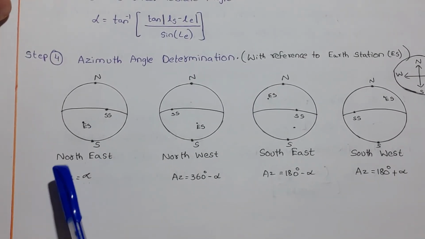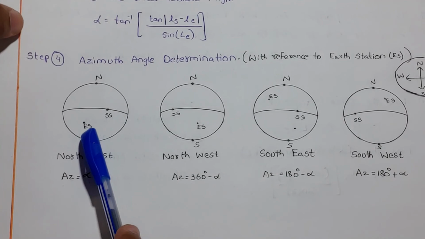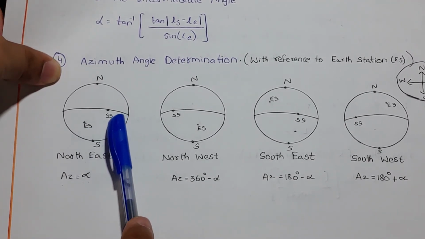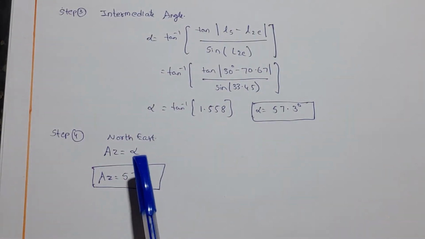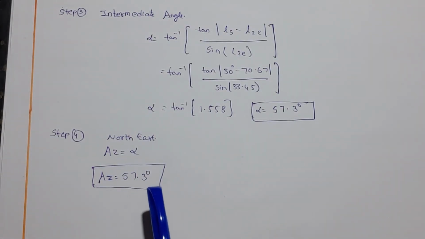Like this, in the case of northeast, azimuth angle is equal to intermediate angle, which is 57.3 degrees.